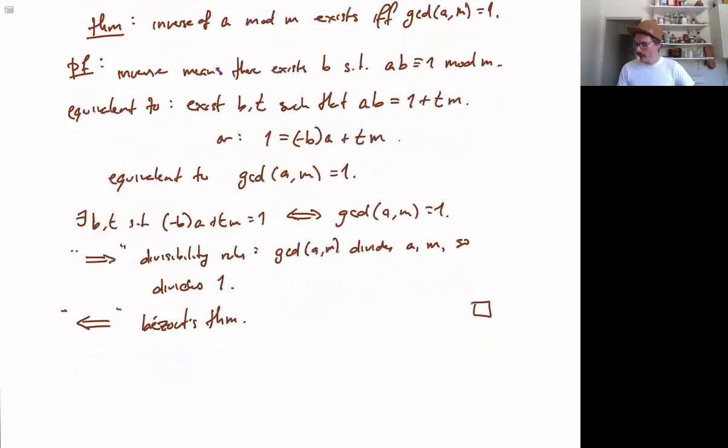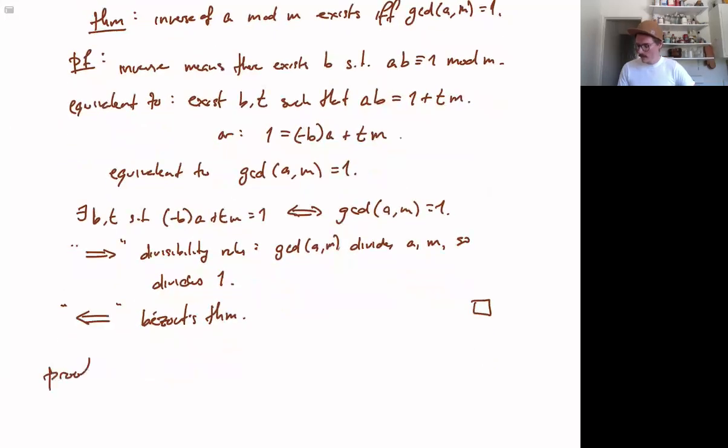And the proof also tells us how do we find an inverse? Well, let's look a little bit carefully at this proof.